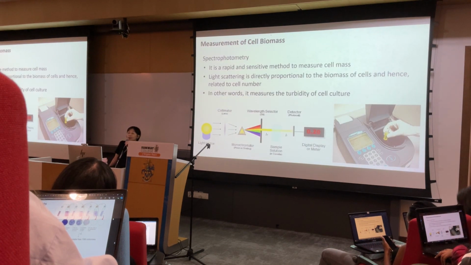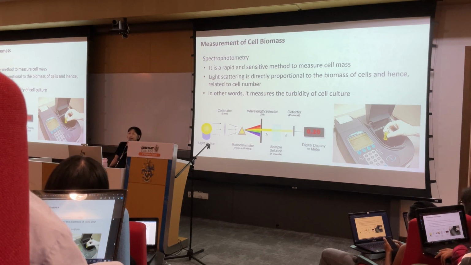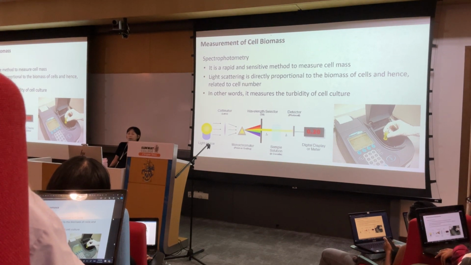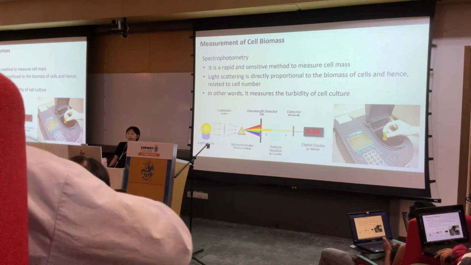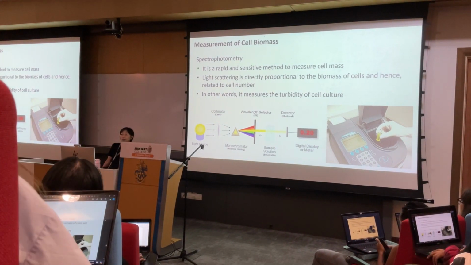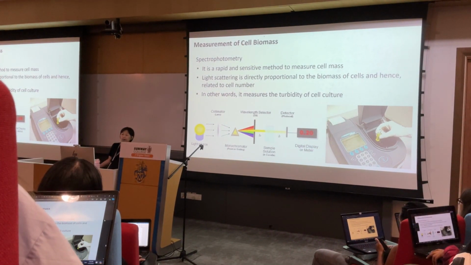Right, this is not a direct cell count. You don't count the colonies, you don't count the cells under the microscope, but you measure the turbidity of the culture. And you're going to use the spectrophotometer, which looks like that.